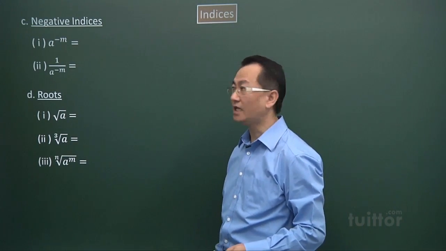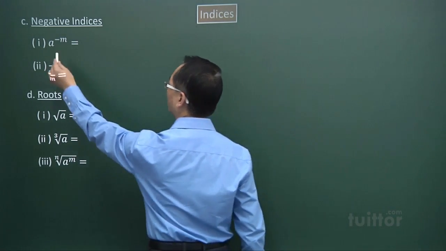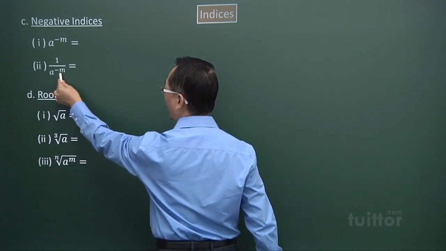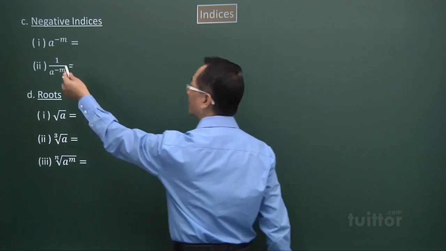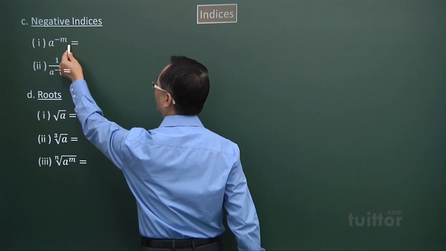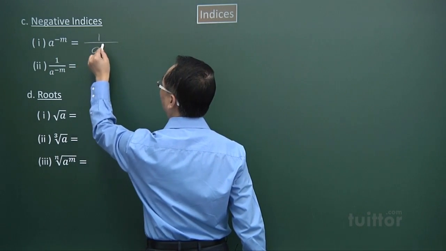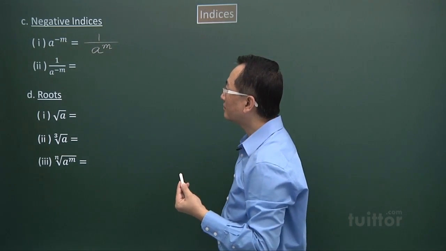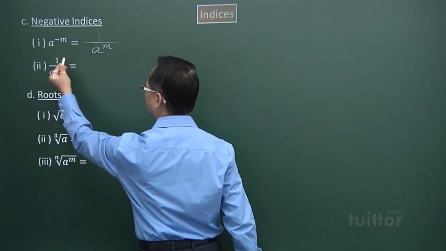So for part C, where we are looking at negative indices, you can see part 1, negative m as the index, part 2, negative m as the index. So for part 1, a to the power of minus m is a numerator. Therefore, I'll take the reciprocal of that, but without the negative sign for the index. As for part 2, I will also take the reciprocal of this.